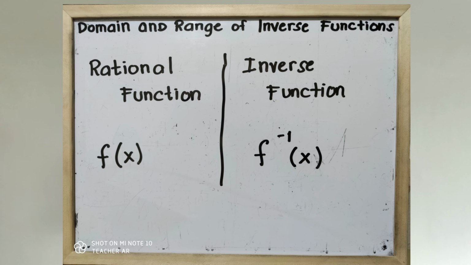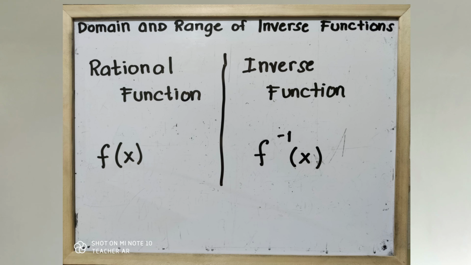What is the difference between the two? Okay, so rational function, let's take a look at a picture. A rational function is denoted by f of x, meaning it has no exponent of negative 1. If you can see an equation having an f of x without the negative 1 exponent, that signifies a rational function. On the other hand, an inverse function is denoted by f with an exponent of negative 1.